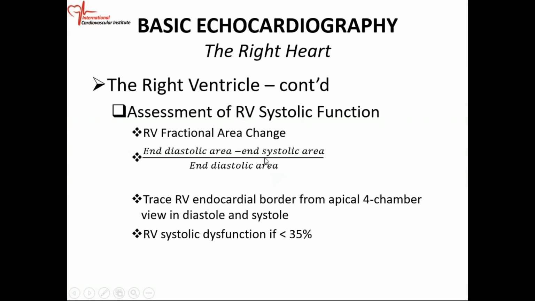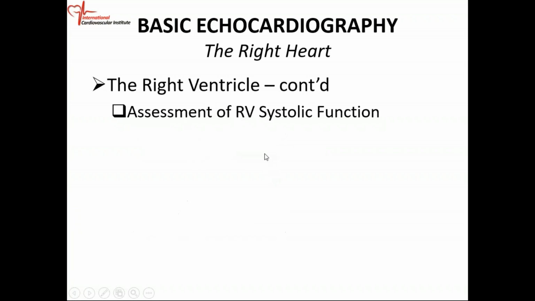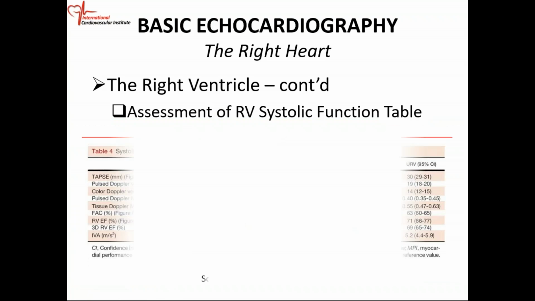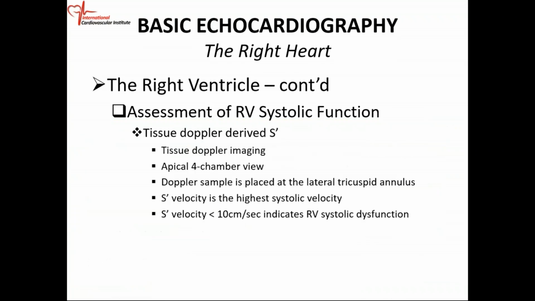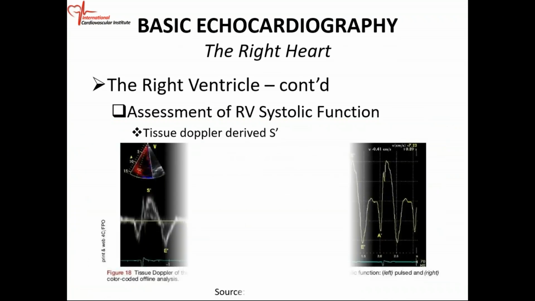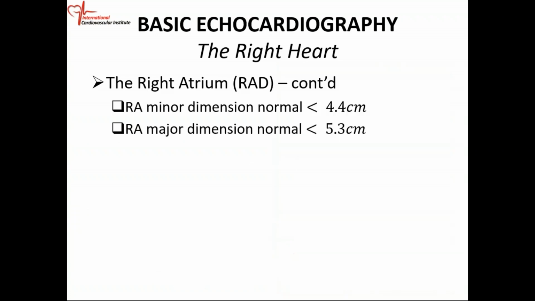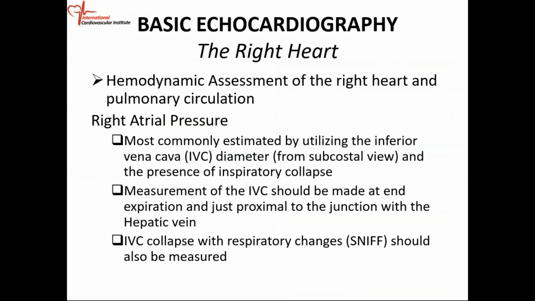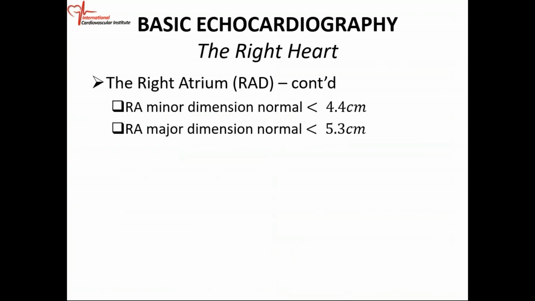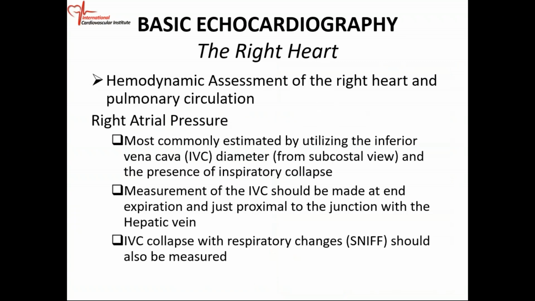So we went over this. Okay, so we look at fractional area change. Especially for people who are doing exams, you need to have a fair understanding of the Tei index.